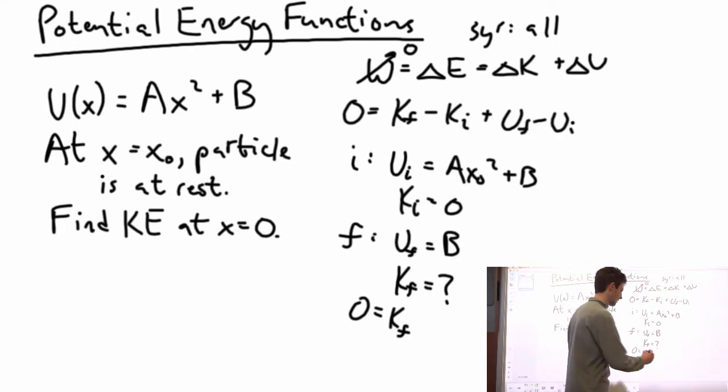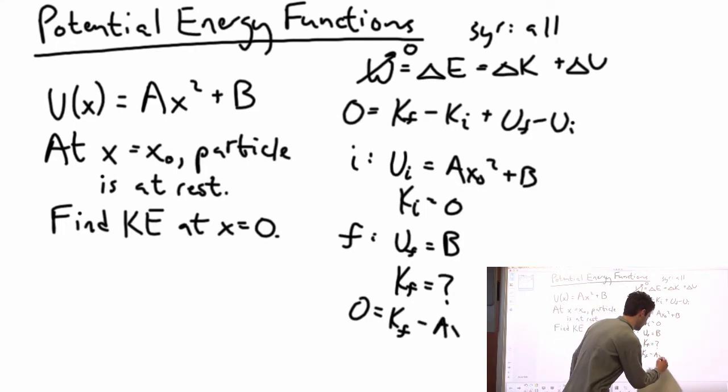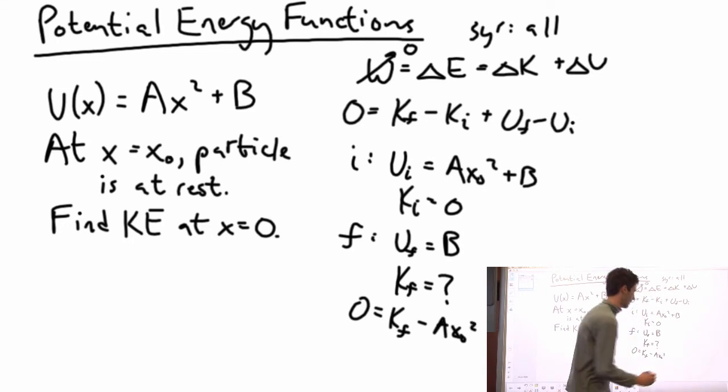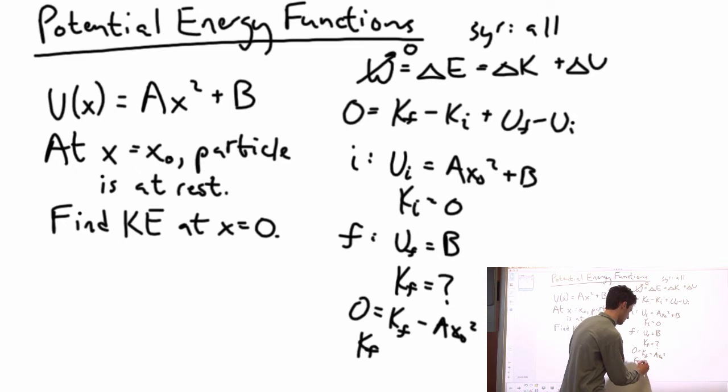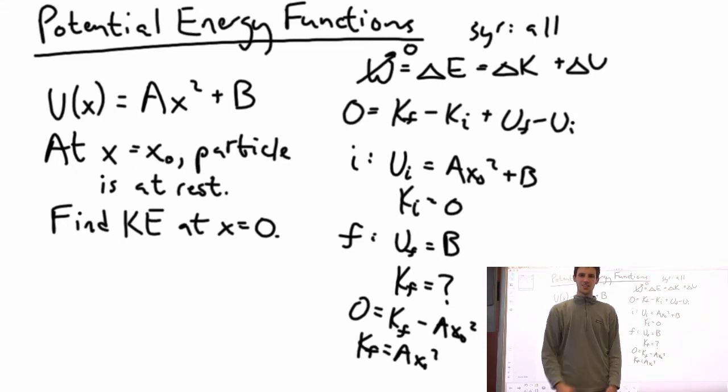So the b's will cancel and I'll get a x naught squared. And so kinetic energy at the final time is just a x naught squared. So that's all we have to do.